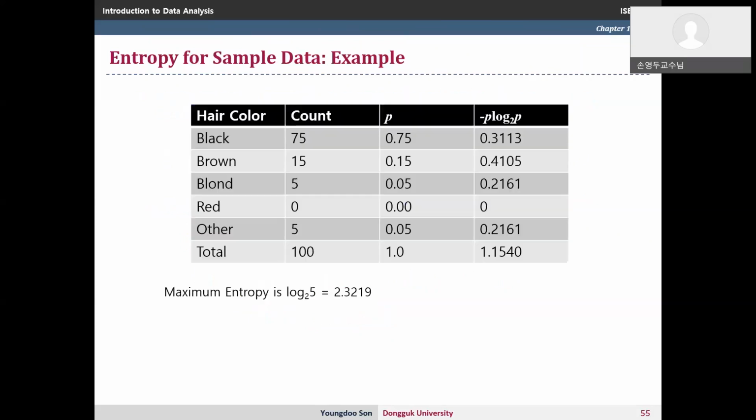And this is the entropy example of a sample data. The hair color of the students is classified into 5 classes: black, brown, blonde, red, and other. And here are the counts. Based on these counts, we can make the probabilities here, and we can make the information of each class of hair color.